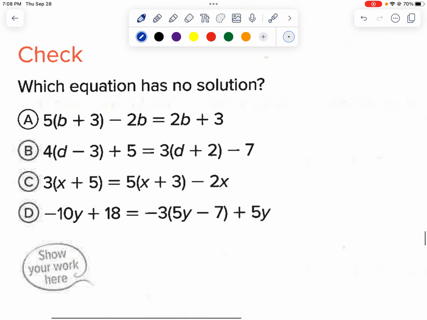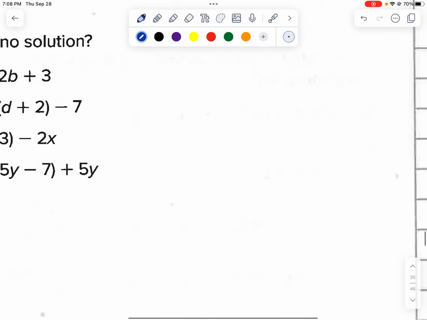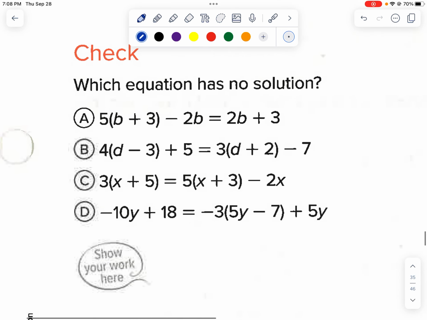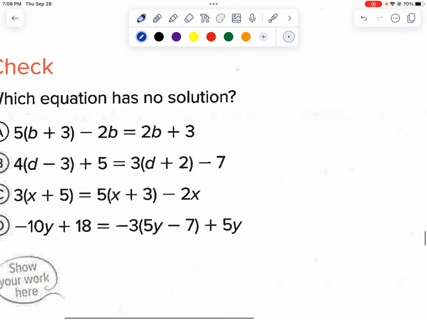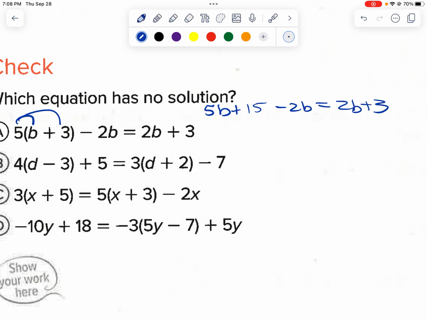Okay, so we do the same thing down here. Actually, are these the same ones we did a minute ago? No, they're not. Okay, so I'm going to take this and multiply in 5b. And this one right here, it'll be 15 minus 2b equals 2b plus 3.